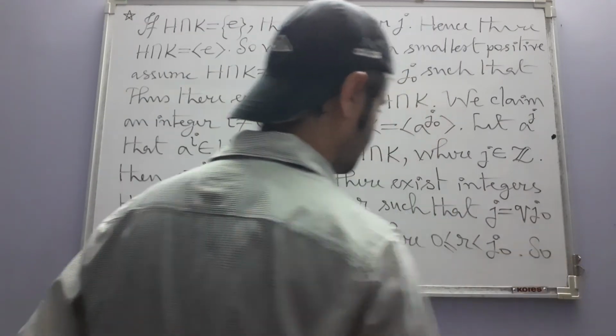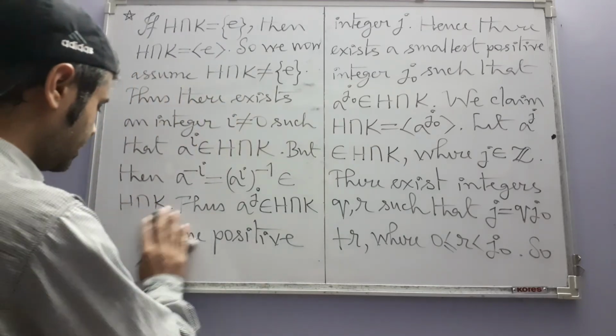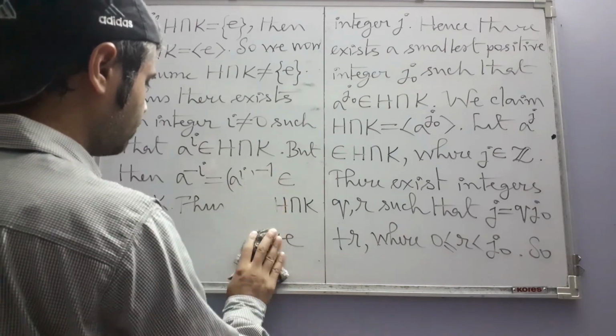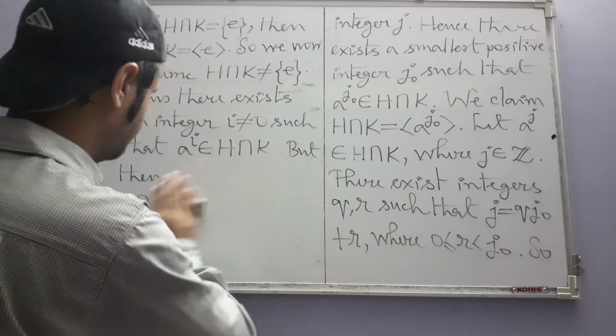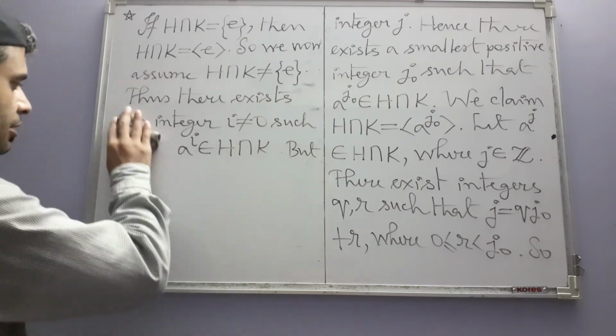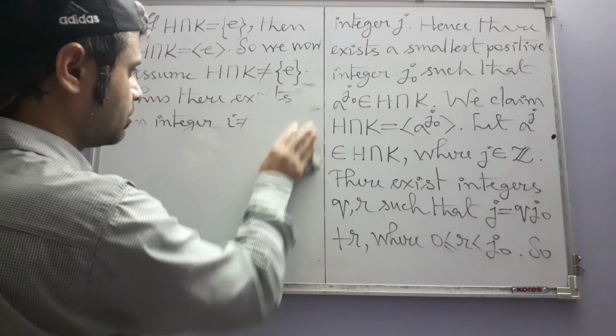Then what shall we get from this new information? We can write a to the power j in terms of this expression for j.